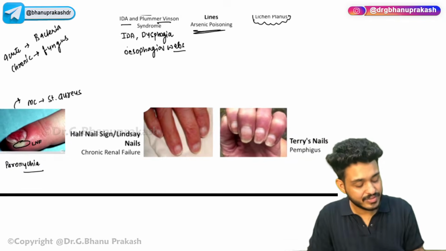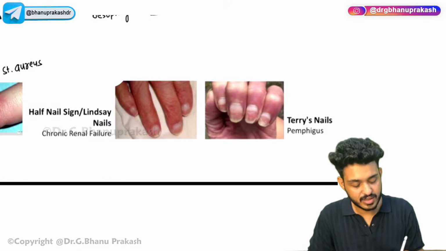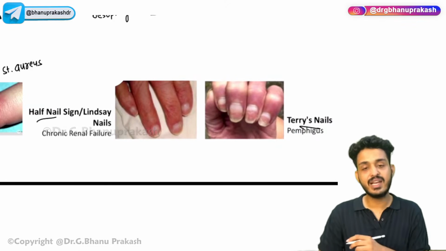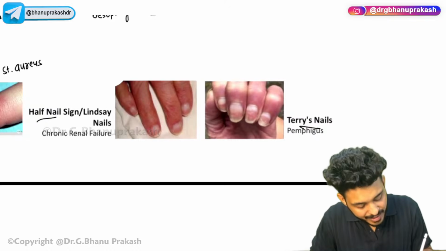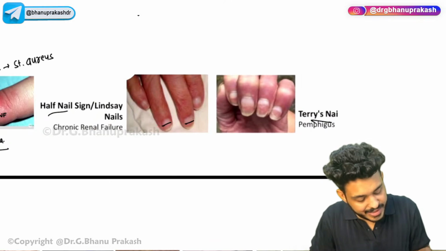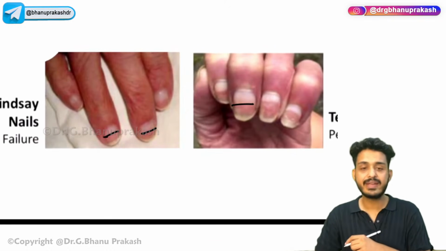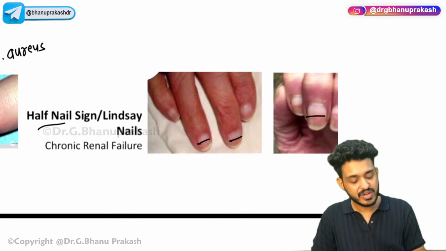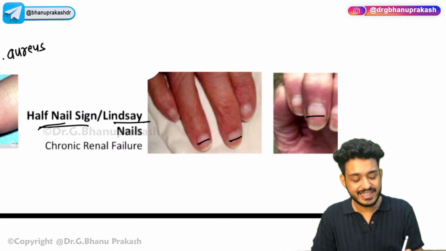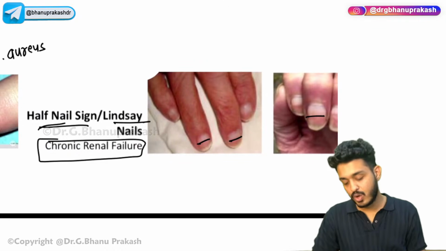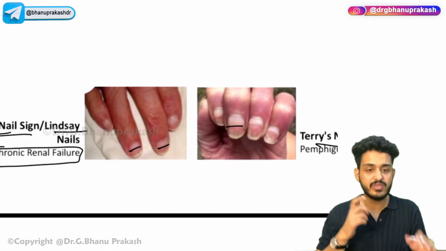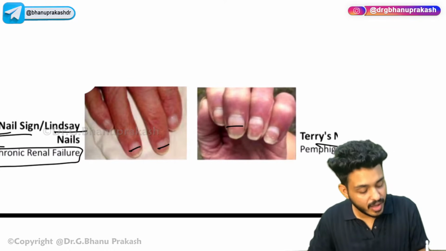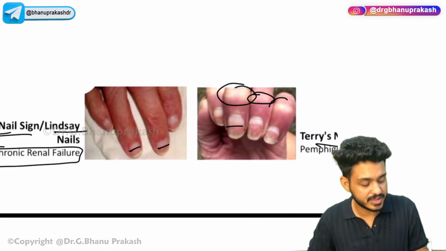Now let's differentiate between these two structures, half and half nail sign or Terry's nail. How will you differentiate? Both of them have half red nail. Half and half nail will have erythema. How will you differentiate half and half nail sign or Lindsay's nail? You will be finding it in chronic renal failure. But try to appreciate these ground glass opacities, guys.